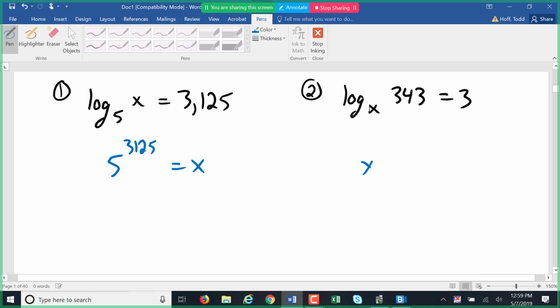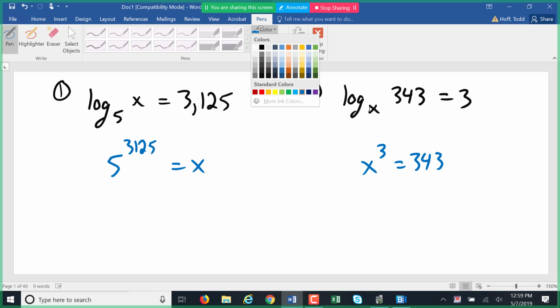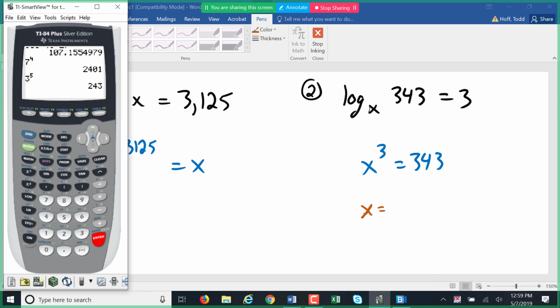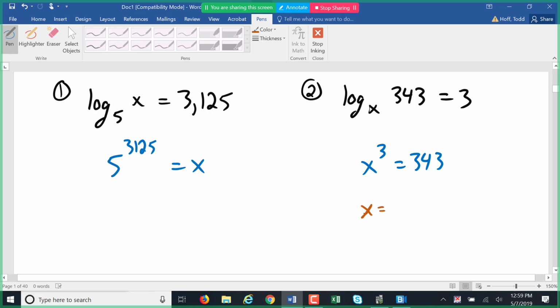Number 2 would be rewritten as x to the power of 3 equals 343. What does x become there? If you try it, 7 to the power of 3 is 343. So x has to equal 7.